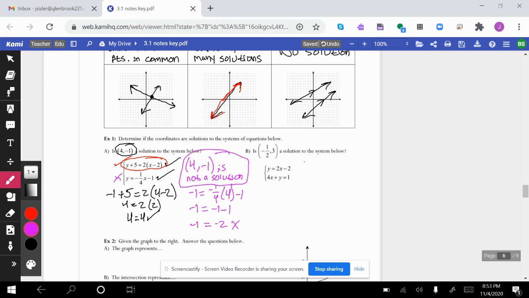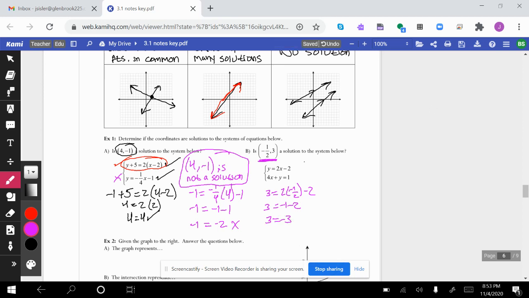Okay, so same process for letter B. We have our ordered pair of (-1/2, 3). If we plug it into our first equation, we get 3 = 2 times -1/2 - 2, which gives us 3 = -1 - 2, 3 = -3.